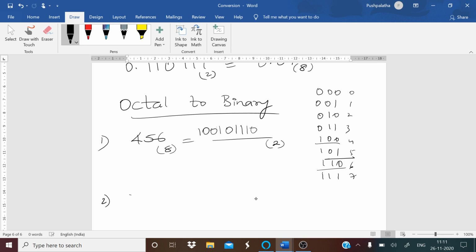Now I am going to give you one more example, that is 73.16, which is in base 8. You have to convert it into base 2. I am just going to give you 2 minutes.